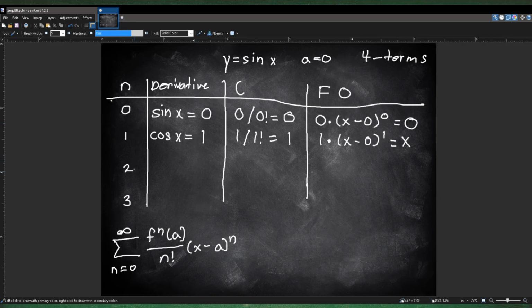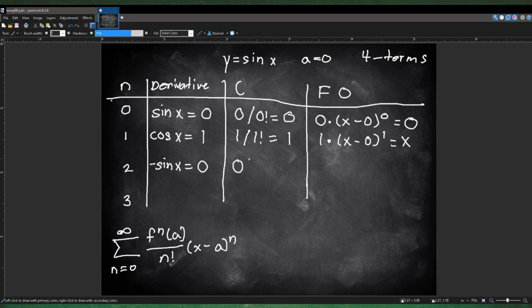Now let's work on n equals 2. The second derivative of sine of x is going to be negative sine of x. You just look at what we wrote here: the derivative of sine is cosine, and the derivative of cosine is negative sine. And you have to plug in 0 as x. So negative sine of 0 is just 0.